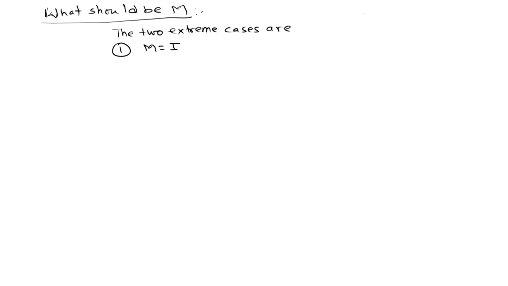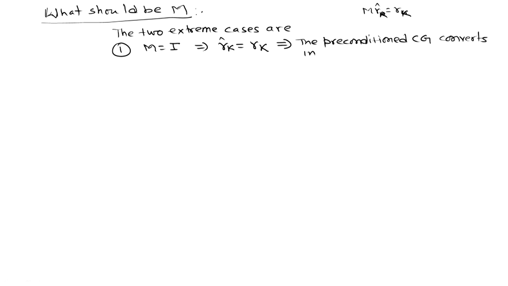Then you can easily solve the system M r k cap equals r k, because if this is an identity, then your r k cap will become r k in each iteration, and it means the preconditioned CG converts into the classical CG algorithm. So, there is no preconditioning here.